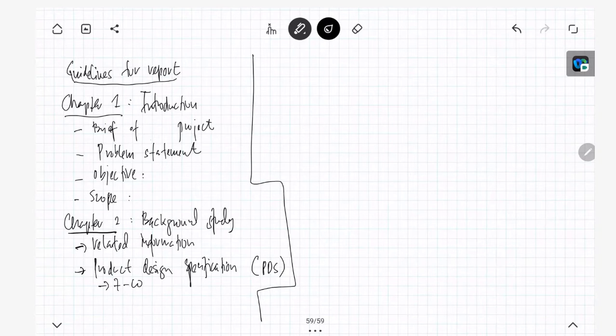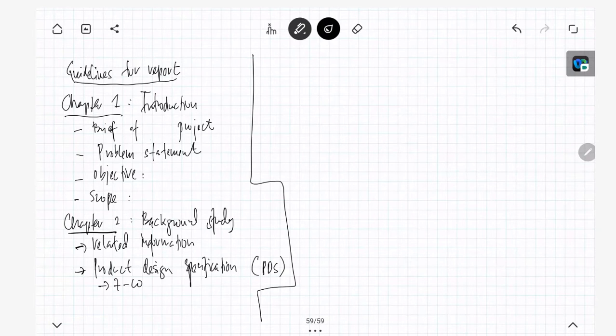So even though you are now just choosing the components, you are not designing the machine from scratch, but you know who's going to buy your machine.